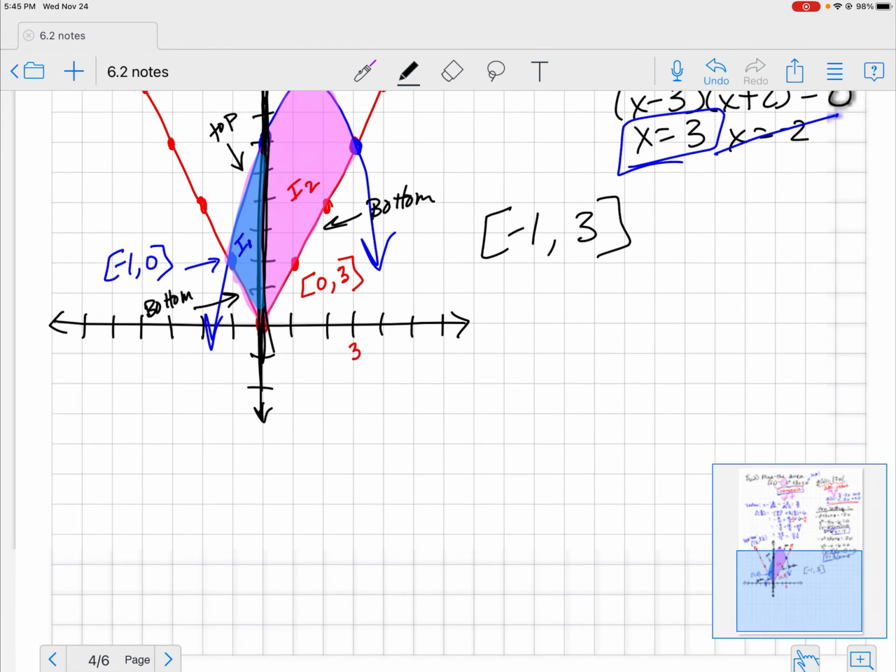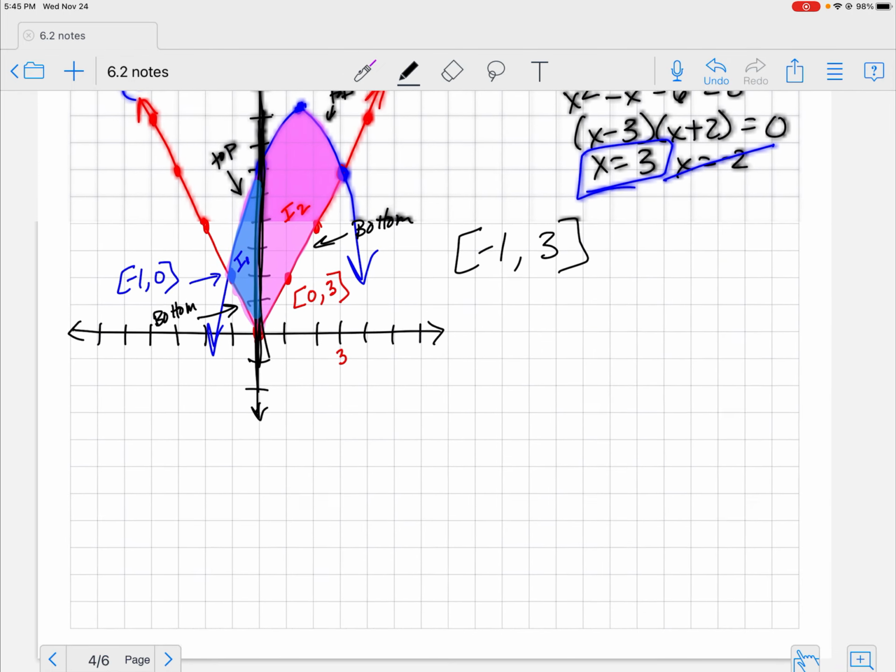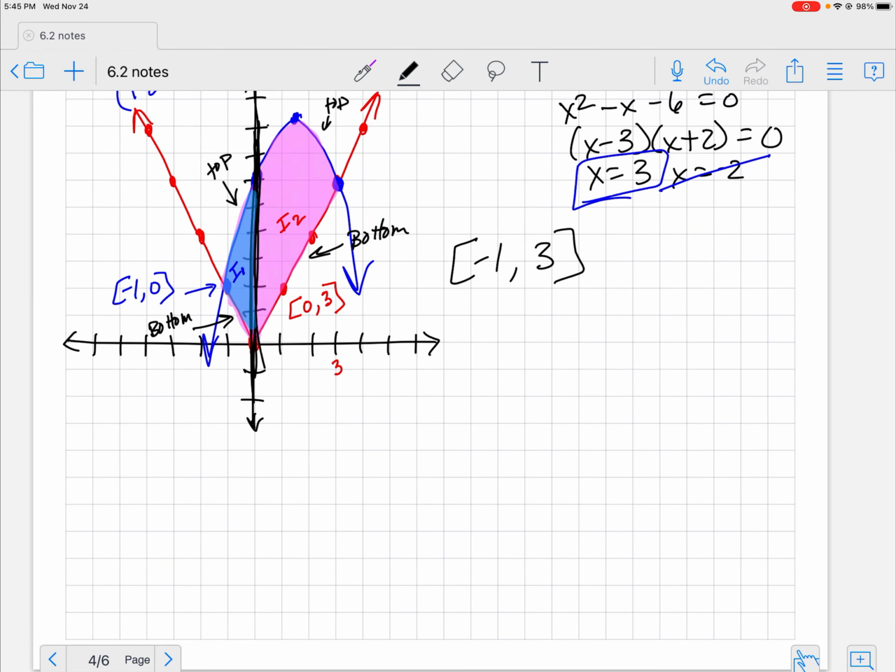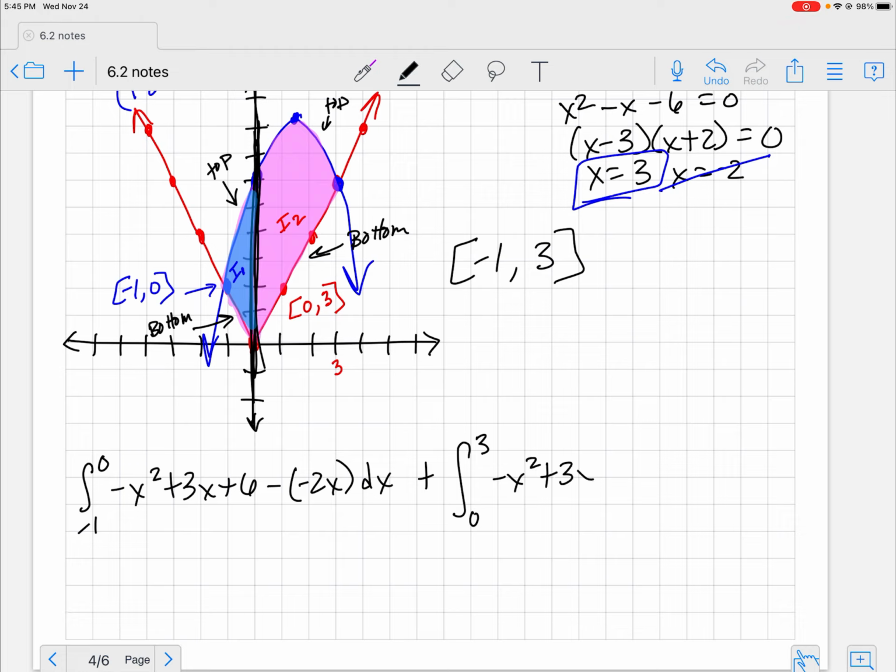So you got it on your paper. I'm going to make this to where we can see this easier. Oops, sorry, I'm moving it around so much. So for integral 1, I'm going to go from negative 1 to 0 of my parabola, negative x squared plus 3x plus 6, minus my absolute value here, which is a negative 2x on that side, plus my integral from 0 to 3 of my top function, which is my parabola, minus that piece of the absolute value.